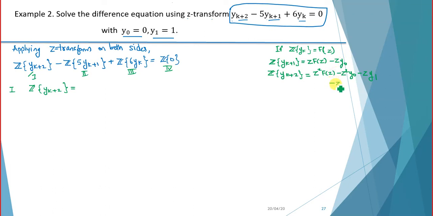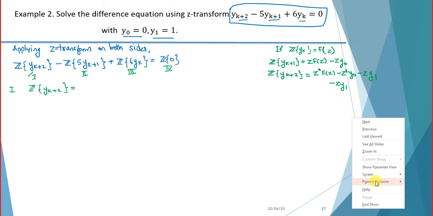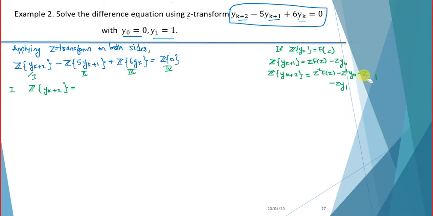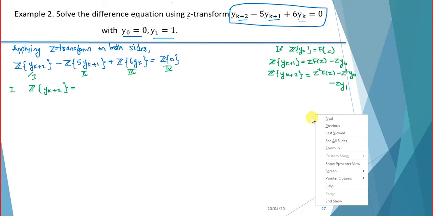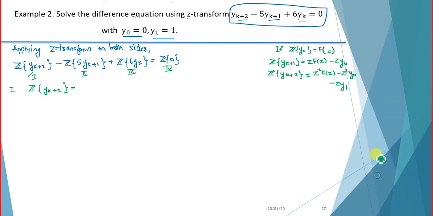Okay, so substituting this there, what we will get? z square F(z) minus z square y0 minus z y1.